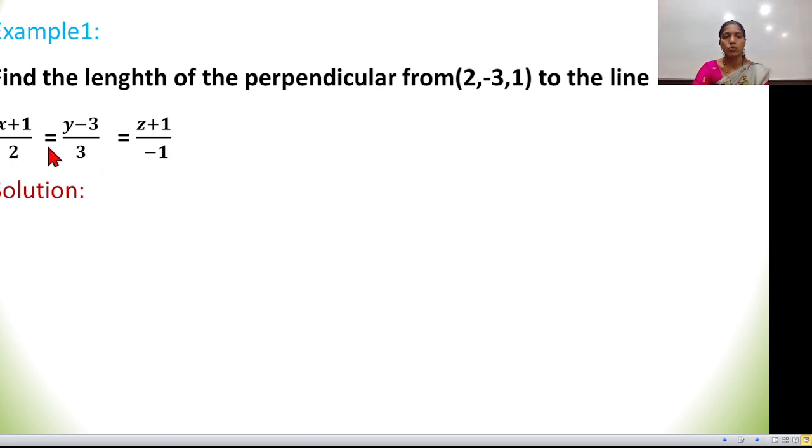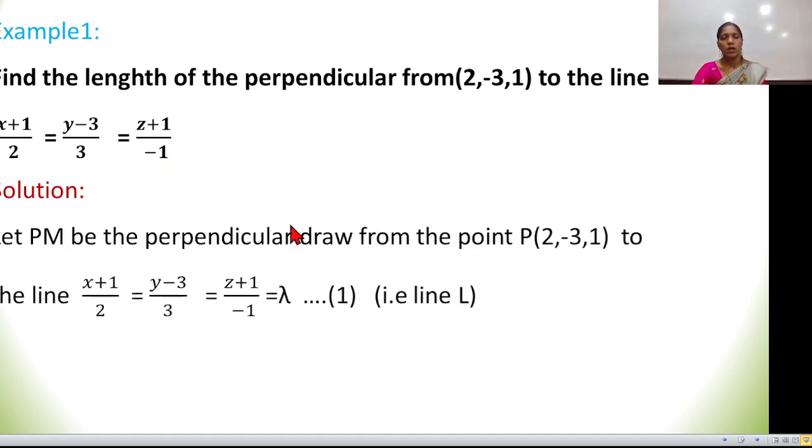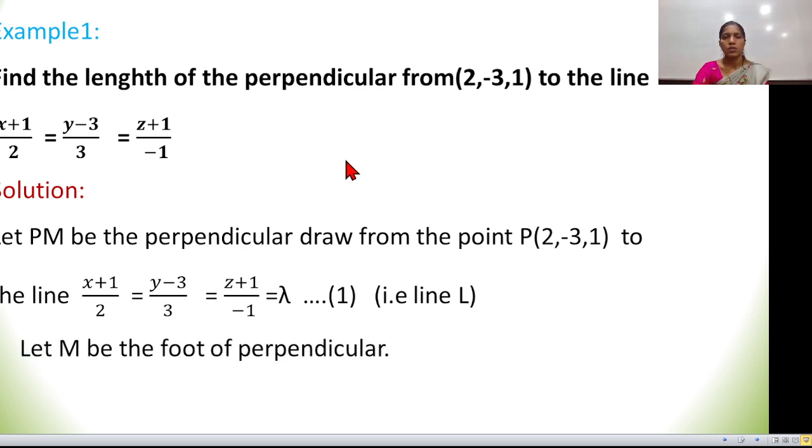We already found the perpendicular distance from a point to the line. So here we have to write down our given information.